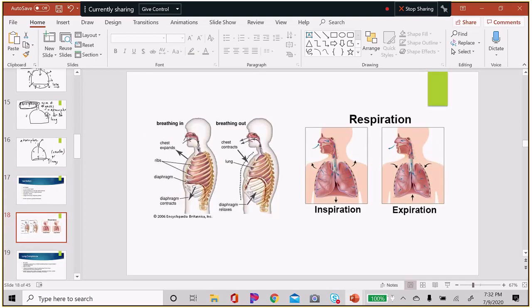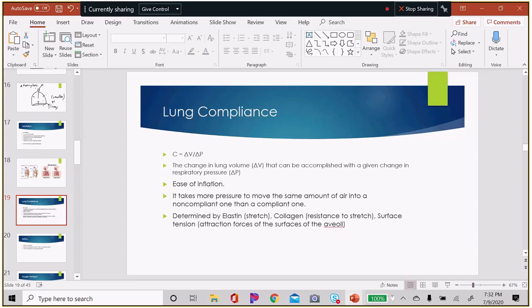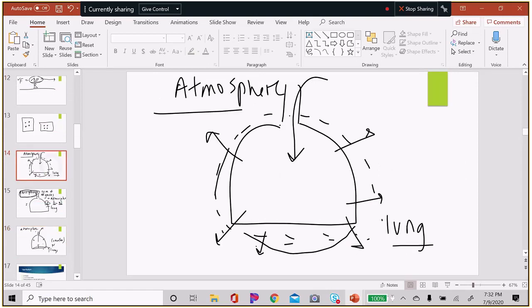And as we discussed, airflow occurs because of changes in the size of the respiratory cavity. So one of the things that we had to achieve was a change in that cavity. If there's something in the lungs, and this is where the pathology part comes up, what if there's something in the lung that's making the pressure in the lung increase?